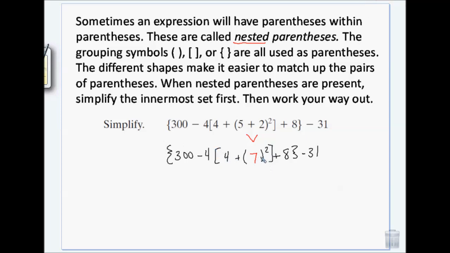Inside the brackets, the next thing I need to do is the exponent, because exponents come before addition. So 7 squared is 49. Okay. Now I have addition still inside these brackets, so that's what I'm going to do next. So I'm going to get 53.